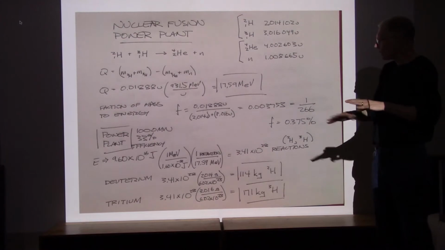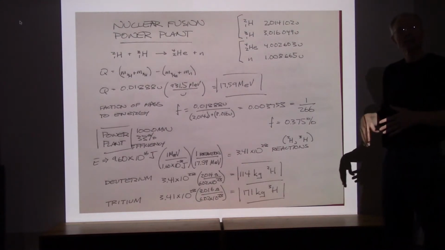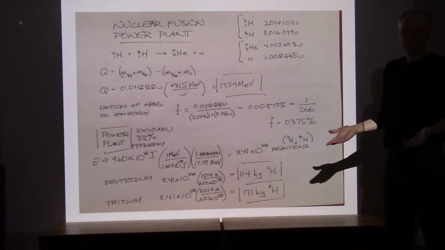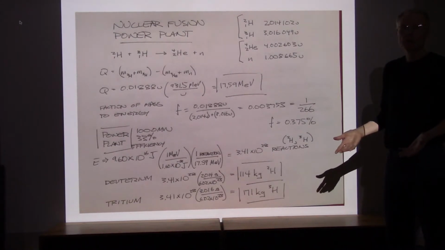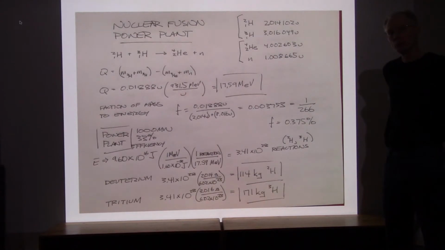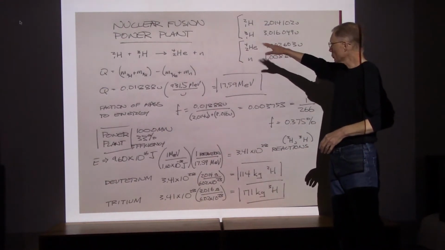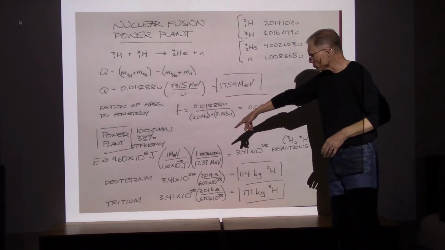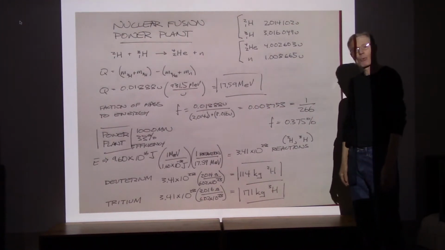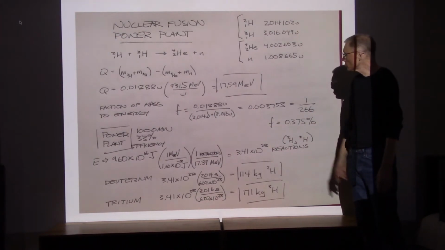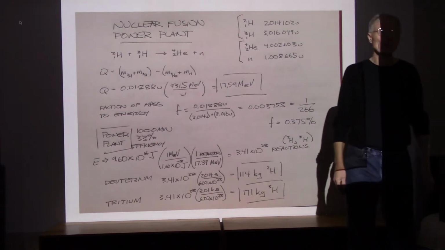Even though it's very low concentration, it's different enough. Its mass is so different. It's twice as heavy as standard hydrogen. It's pretty easy to sort out the deuterium using different centrifuge techniques or whatever. So anyway, you can start with a bunch of deuterium, run some of these other reactions to generate the tritium, and you don't need more than 300 kilograms of fuel to operate this power plant for the whole year.